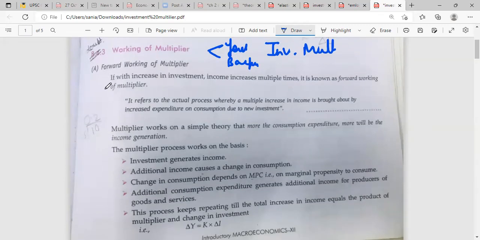Forward working of a multiplier refers to the actual process whereby a multiple increase in income is brought about by increased expenditure on consumption due to new investment. So if with the increase in investment, income increases multiple times, it is known as forward working multiplier. Clear?